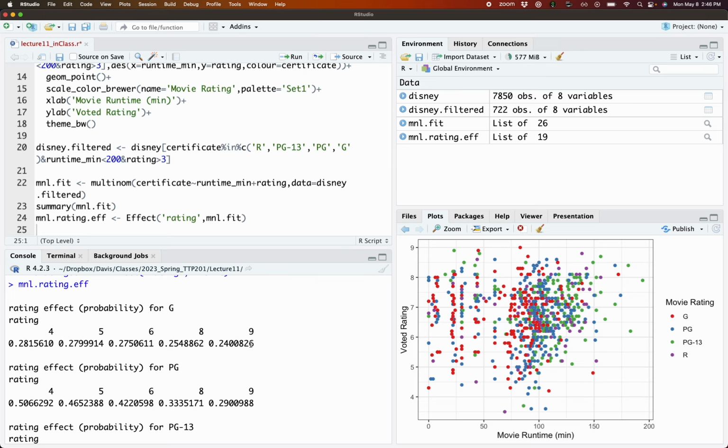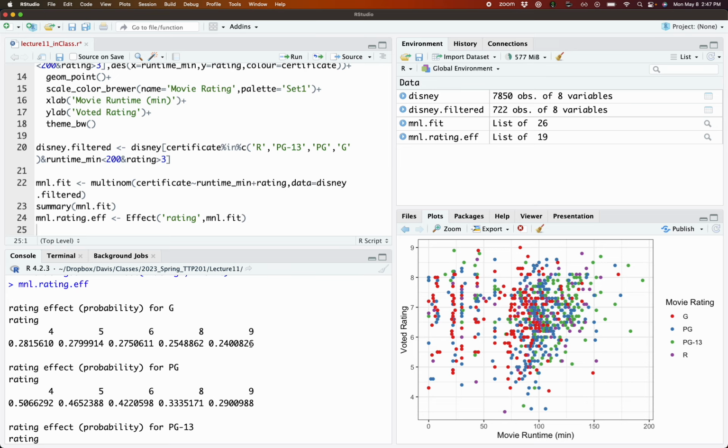But wait, you say, what is missing here? How can I calculate the probabilities given only varying my ratings? What other information do I need? Runtime? Yes, exactly.